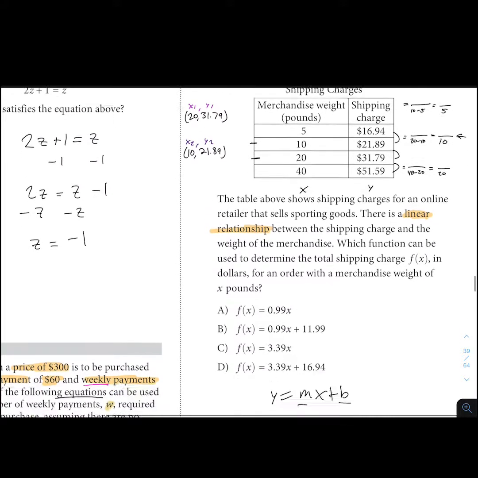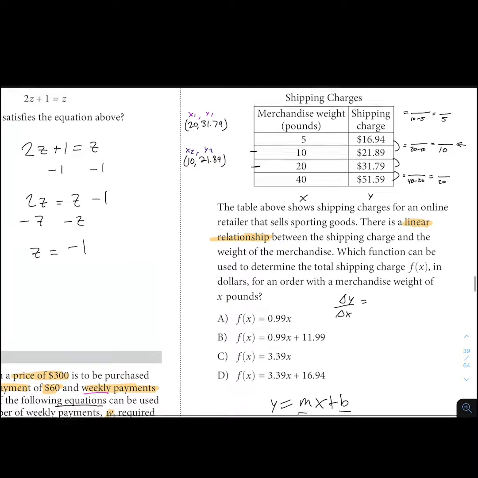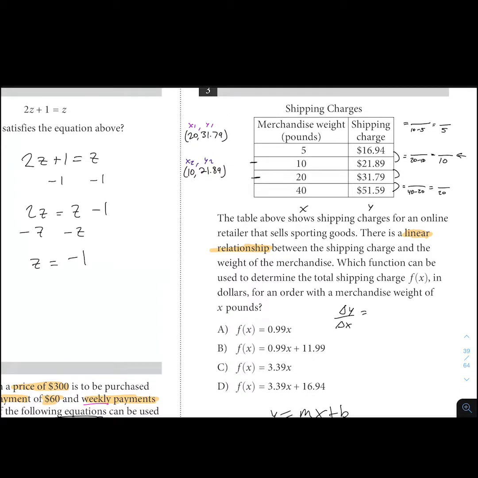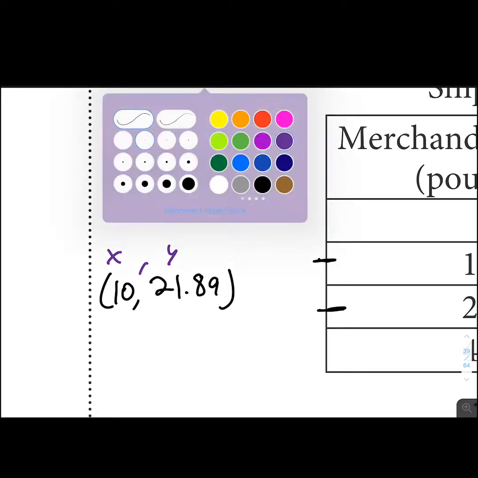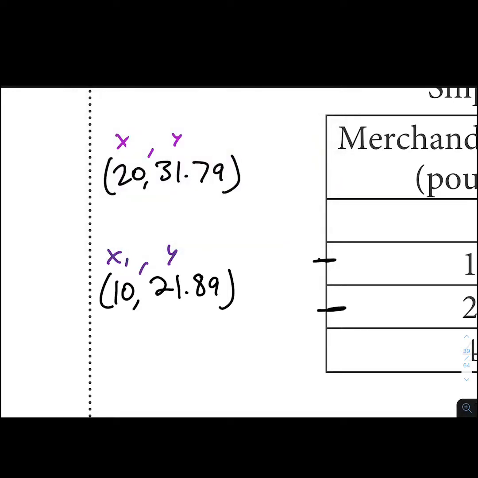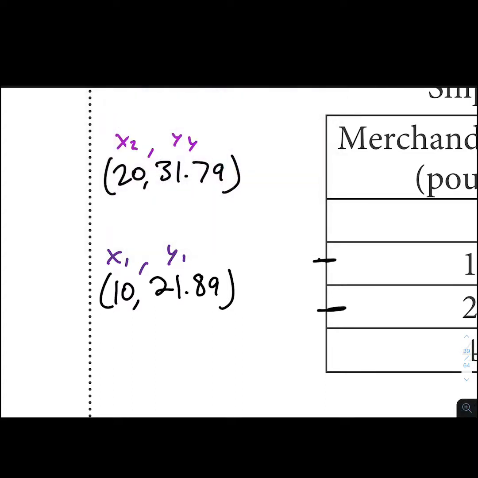With this here, change in y over change in x. And now I think about it, I'm going to switch these up, and you'll see why. This is going to be my x1 and y1, and this right here is going to be my x2 and y2.